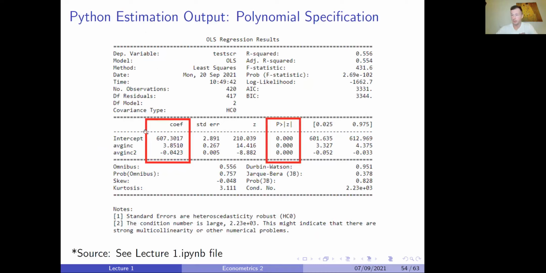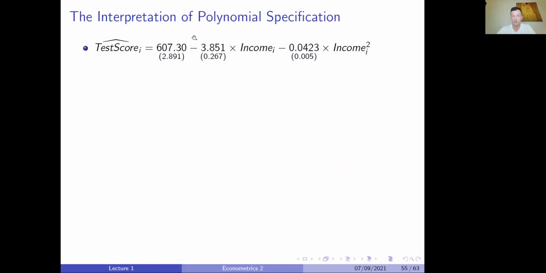So here is the regression output. The coefficients on income and income squared, all coefficients are statistically significant. We strongly reject the null hypothesis for each single coefficient. And the estimated model looks like this. The test score is negatively related to income.